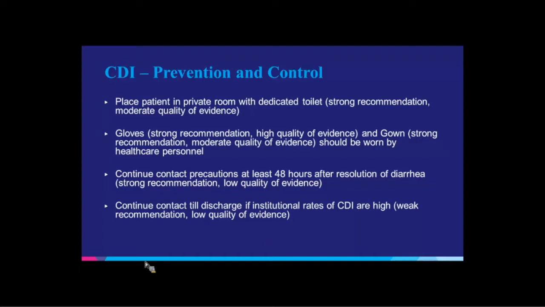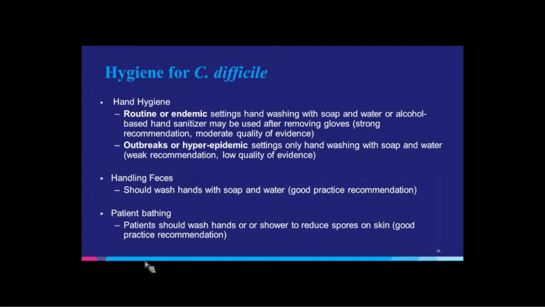And then they still say it's okay to leave people on contact till discharge if your institutional rates are high enough to cross the threshold where infection control thinks you should do this. They come down as a weak recommendation, low quality of evidence, but it is in there. Hand hygiene. So what should we do? I actually did find some of these a little shocking.